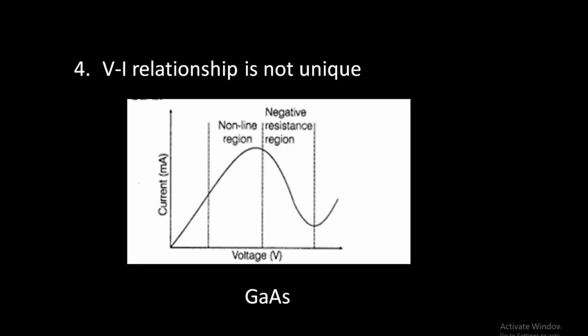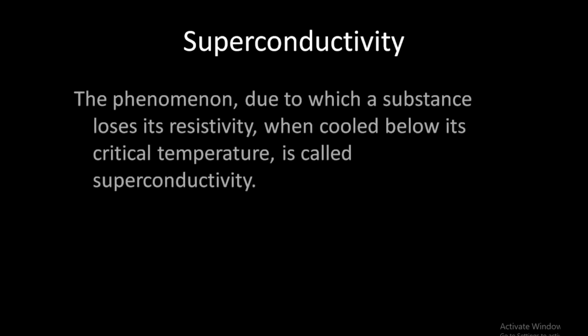Moving forward to our next topic, that is superconductivity. What is superconductivity? The phenomenon due to which a substance loses its resistivity when cooled below its critical temperature is called superconductivity.